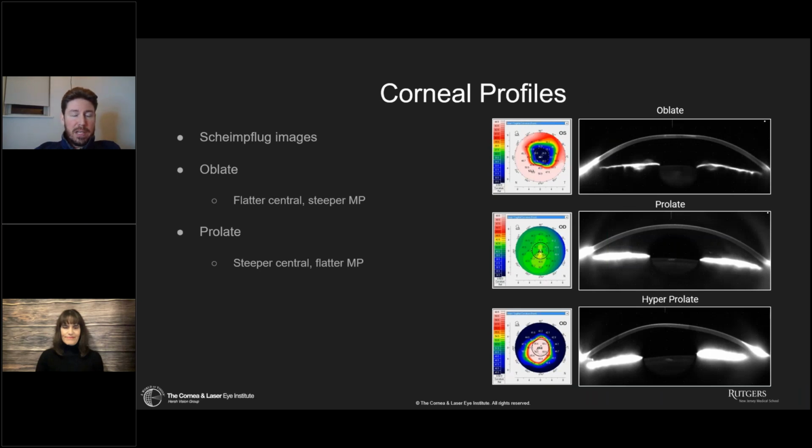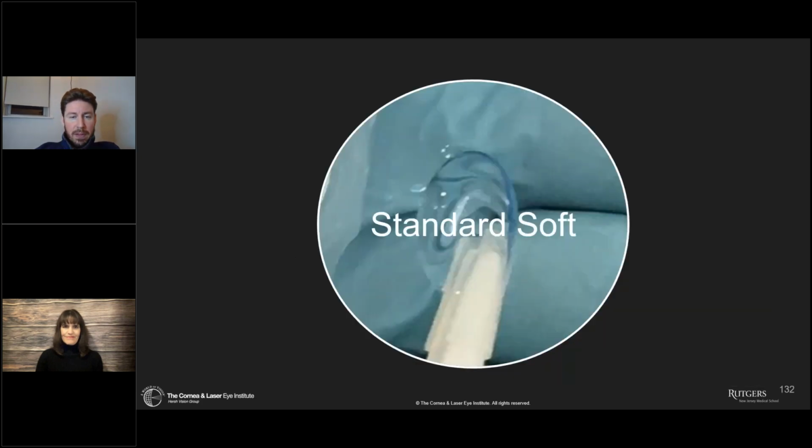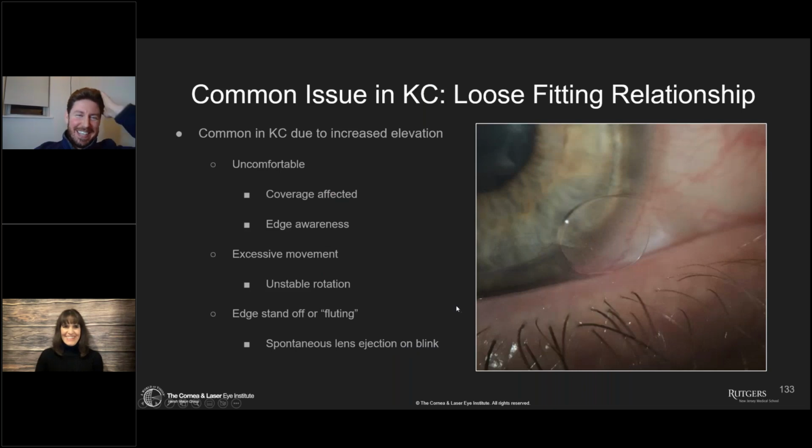Now you can use some of the technology to understand the corneal profiles, which may help you choose or select a lens for an individual with keratoconus. Standard soft lenses can be used in mild keratoconus, or in those who have a normal or a small amount of astigmatism, not huge amounts.